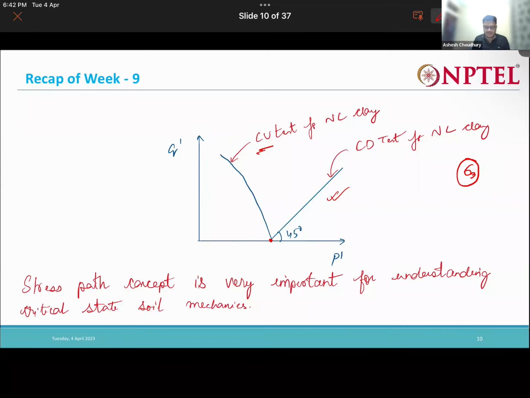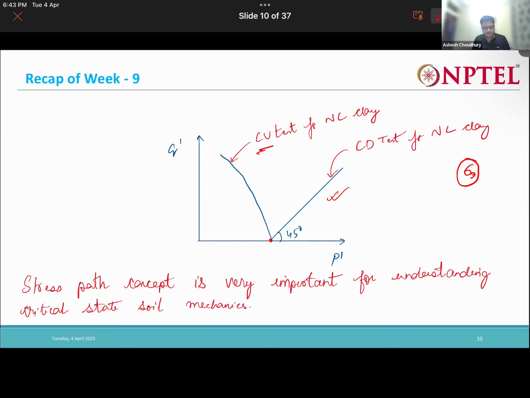This stress path is very important in critical state soil mechanics. Critical state soil mechanics is an advanced, postgraduate level topic, where the various soil models are described with the help of these stress paths drawn in the PQ space.